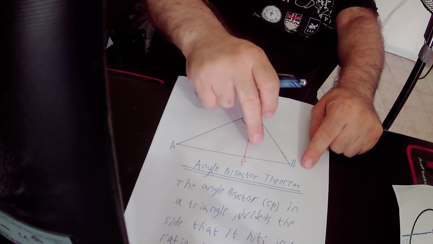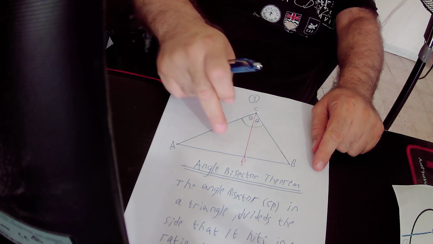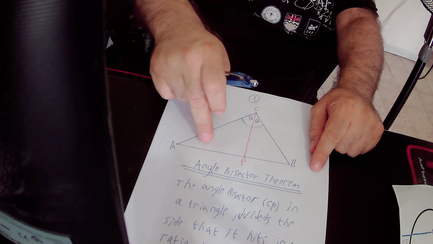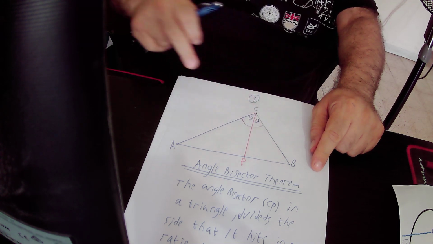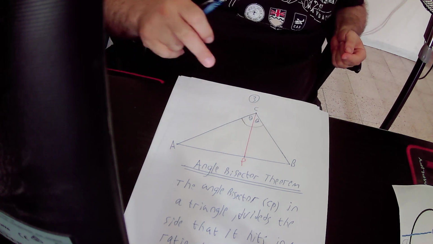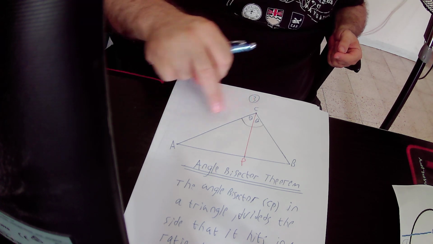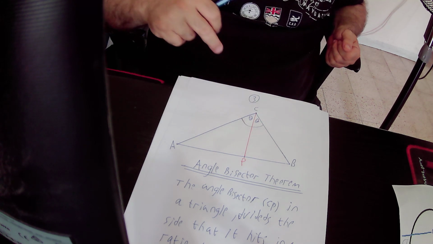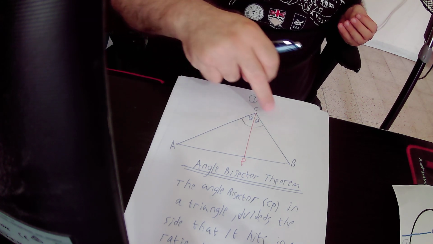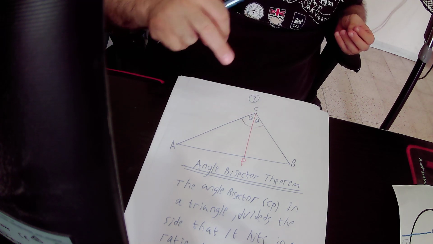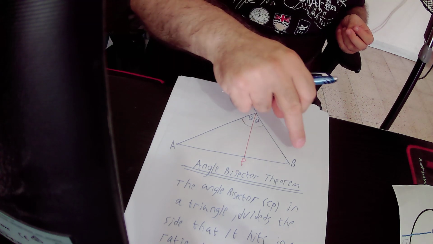And the ratio of those two parts, that is to say AP over BP, equals the ratio of the angle's sides. Angle ACB consists of two sides, side AC and side BC.